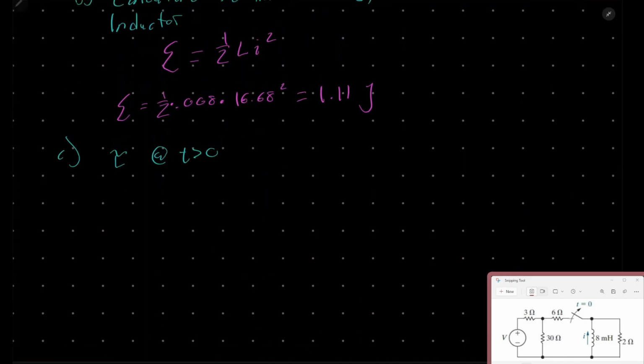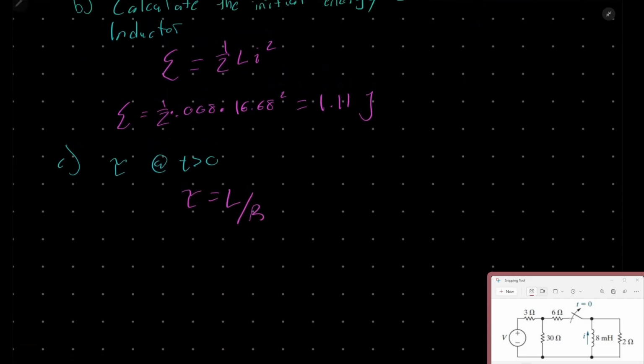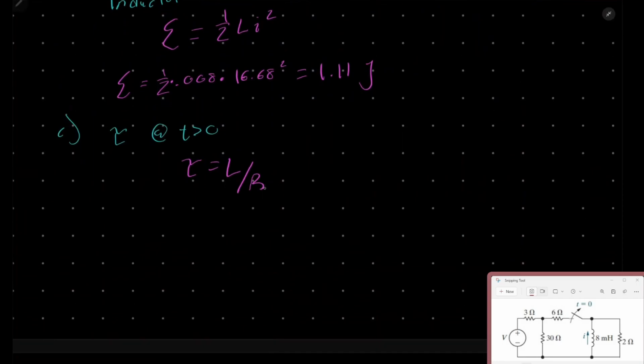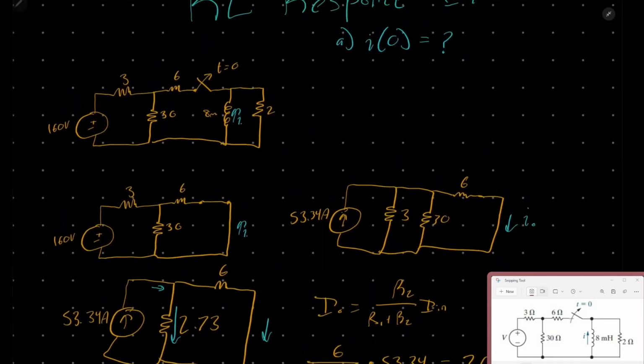Okay, now we are going to find tau. The formula for tau for an inductor is tau equals L divided by R. This R is the equivalent resistance that the inductor sees when t is greater than 0. If we look at our original circuit, we see that when t is greater than 0, the switch is open.